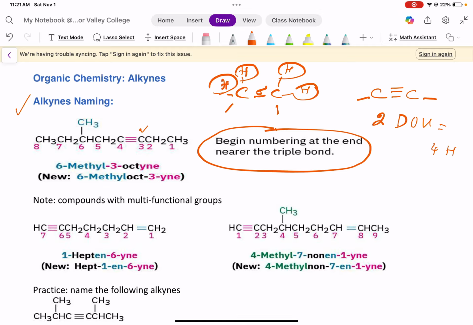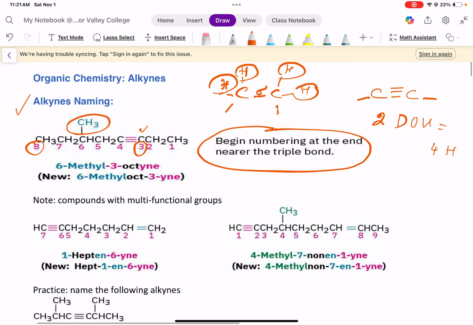Now the branch is not as important. So if you go on the left side, 1, 2, 3, you got a methyl, but that's not as important as the triple bond. So therefore, we got a 6-methyl-3-octyne. Oct means 8, total of 8 carbons. We got the first carbon of the triple bond on carbon number 3.